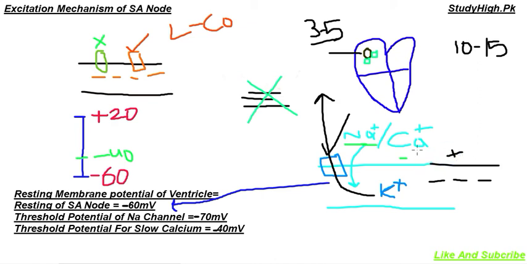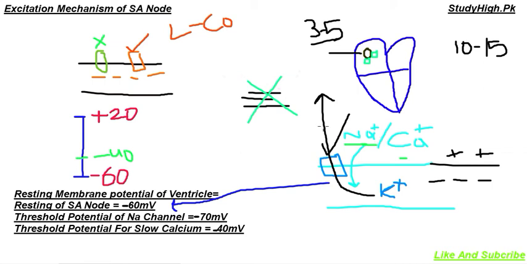Again sodium and calcium ions will start accumulating inside the cell, because the cell membrane of the SA node is naturally leaky to sodium and calcium ions. So this is the basic mechanism which causes the SA node to self-excite.